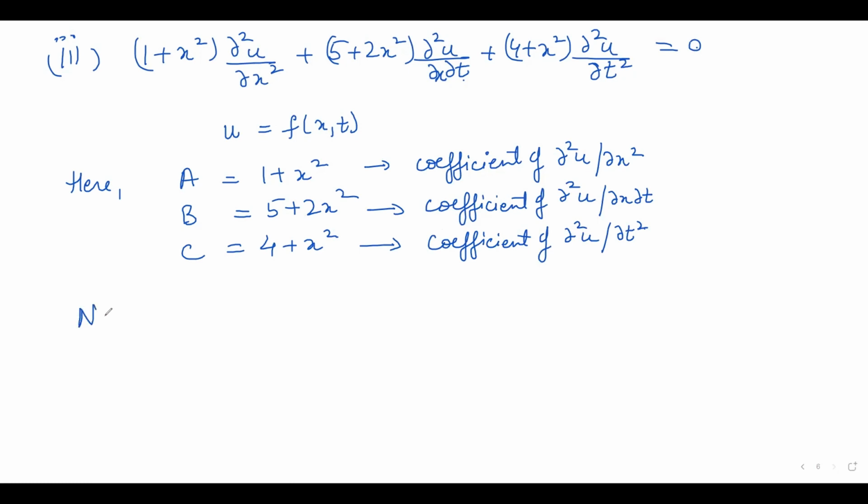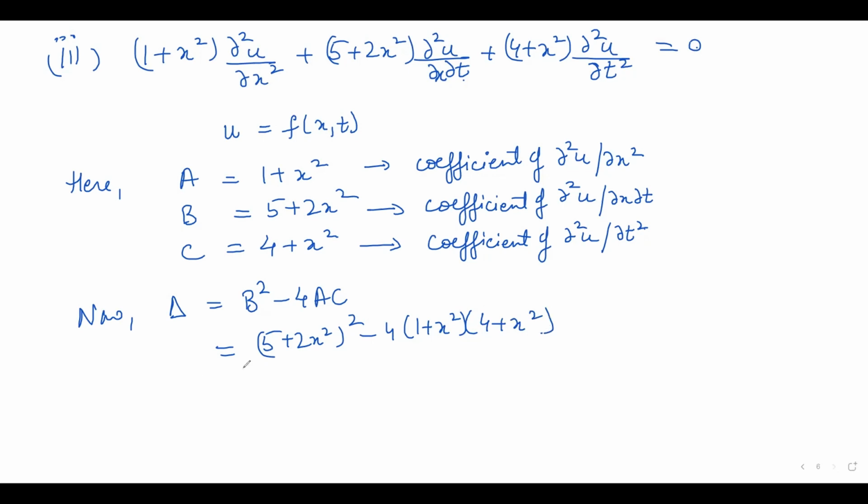Now, calculate b square minus 4ac. So 5 plus 2x square whole square minus 4 times a and c. Now, we all know what is a plus b whole square. So let me just write it. 25 plus 4x raised to the power 4 plus 2ab. So this would be 20x square. Now let us calculate this one as well. So this would be minus 4 times 4.